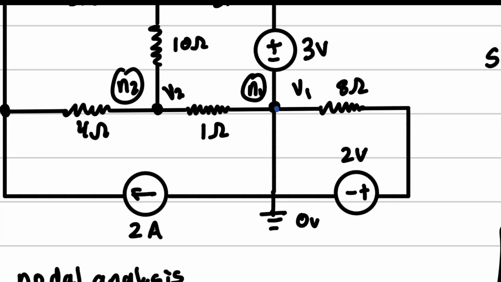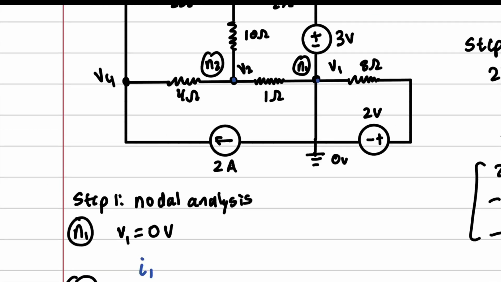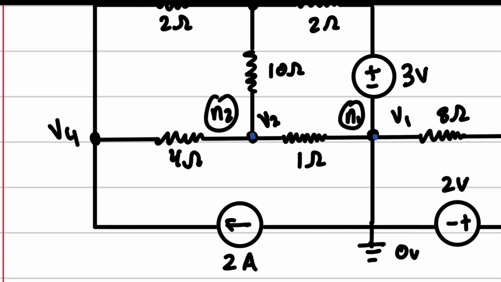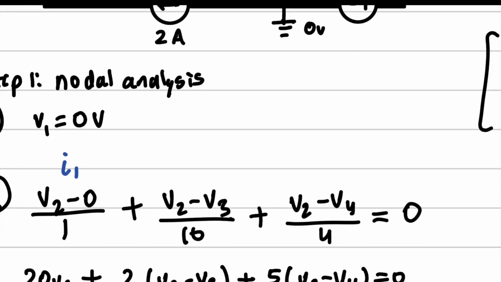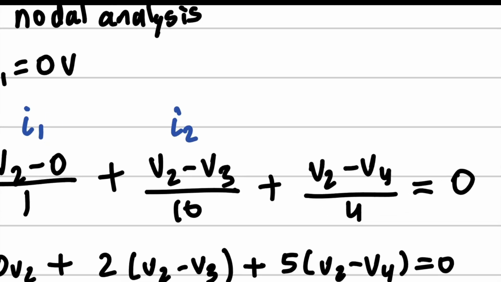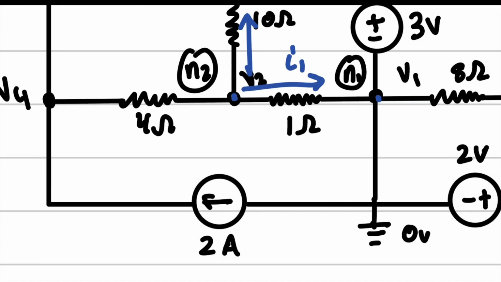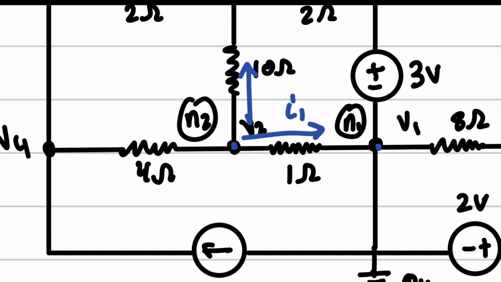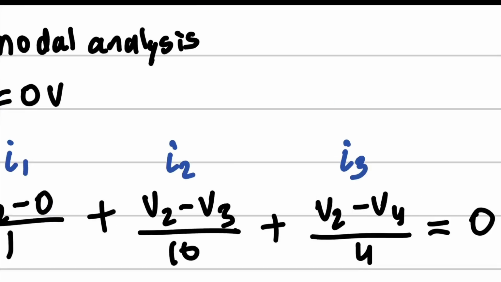Or sorry, this is node 2. So from this node right here, we have I1, and I1 is going from V2 to 0, which is this way. Now this one we're going to call I2, and that's going up this way to 10 ohms. This one we're going to call I3, V2 to V4.